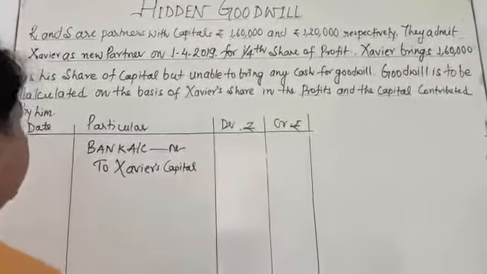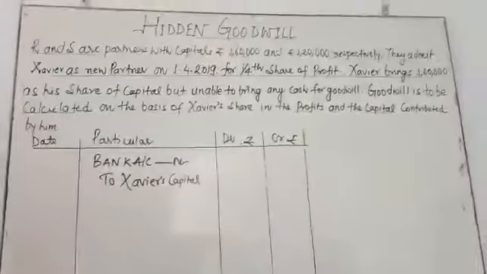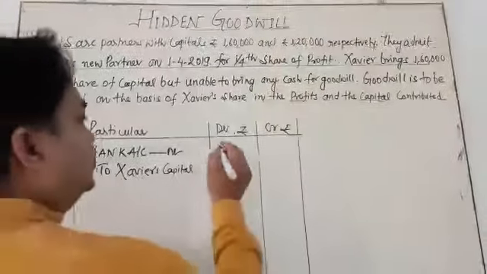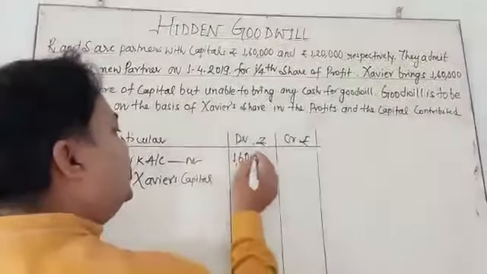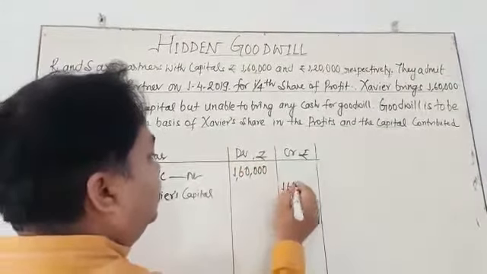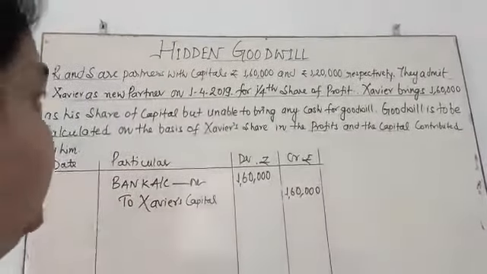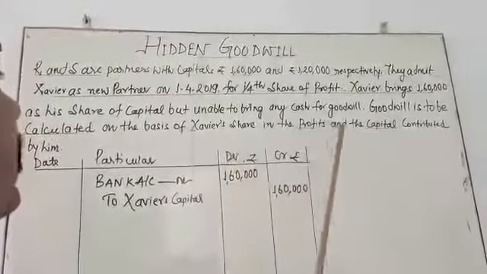What is Javier's capital? In this question it is already mentioned as 1,60,000. So you put it here, 1,60,000.